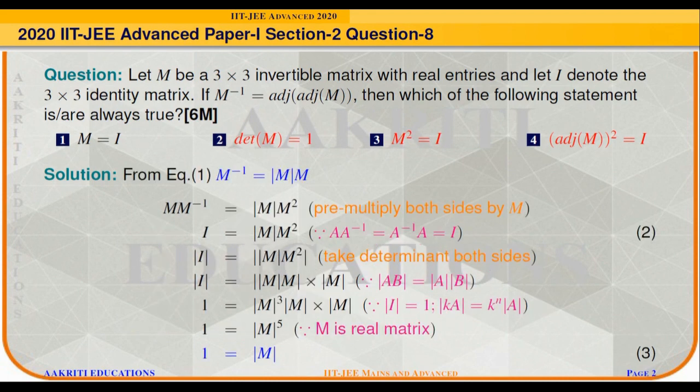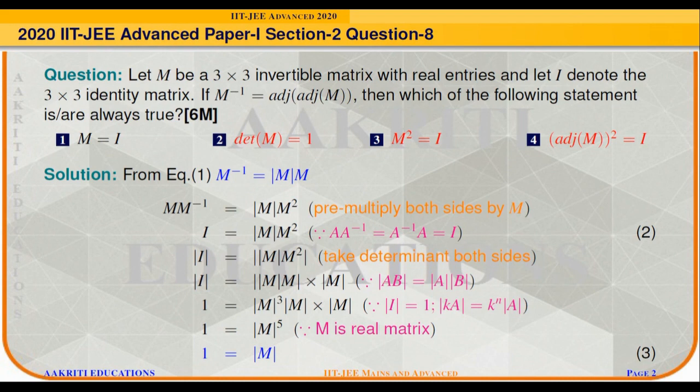Now after pre-multiplying both the sides of the equation 1 by matrix M, we will get M times M inverse is equal to determinant of M times M square. Since M times M inverse is equal to an identity matrix, so it will give I is equal to determinant M times M square.